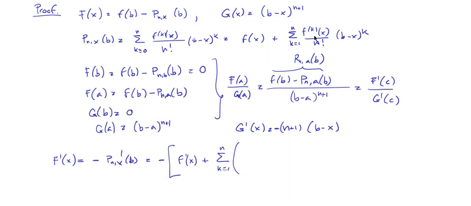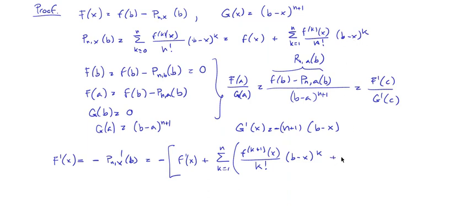Now, the derivative of this is the derivative of the first term, which is the k plus 1 derivative of f at x divided by k factorial times (b minus x) to the k, and then we have plus the derivative of this.